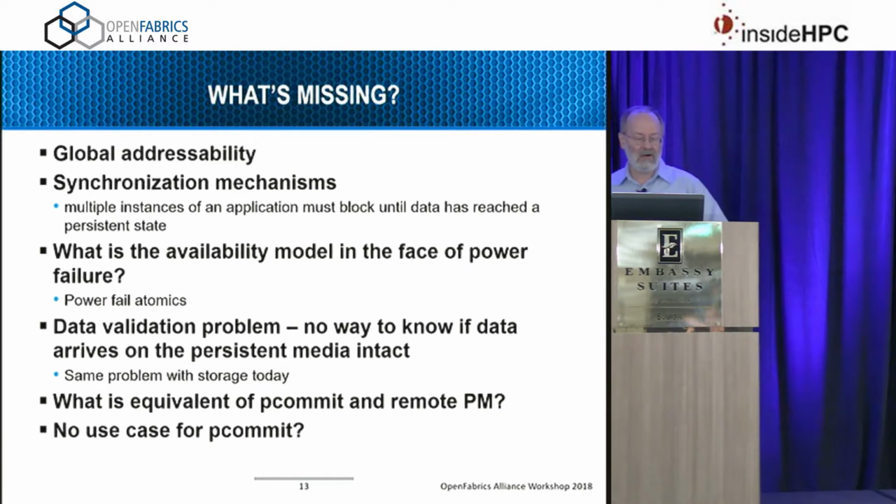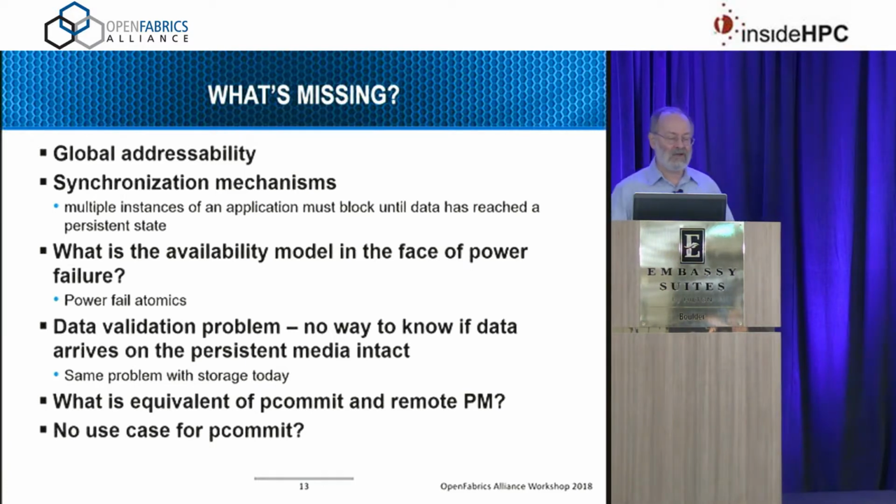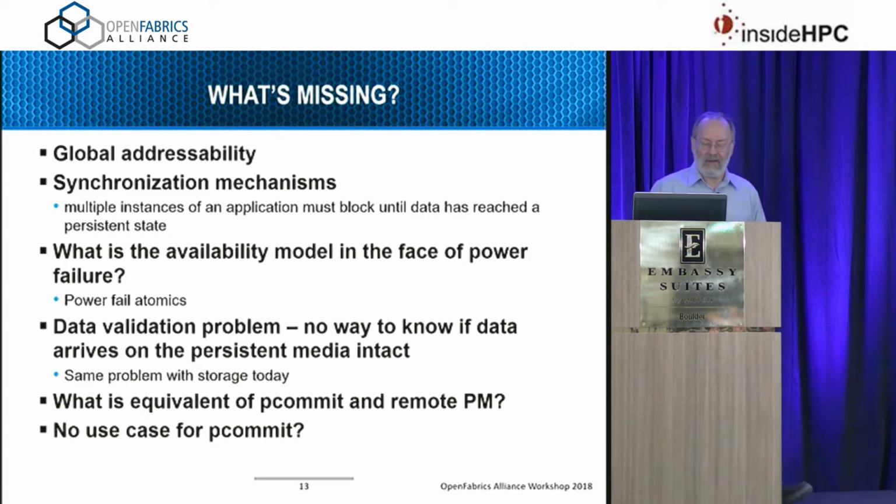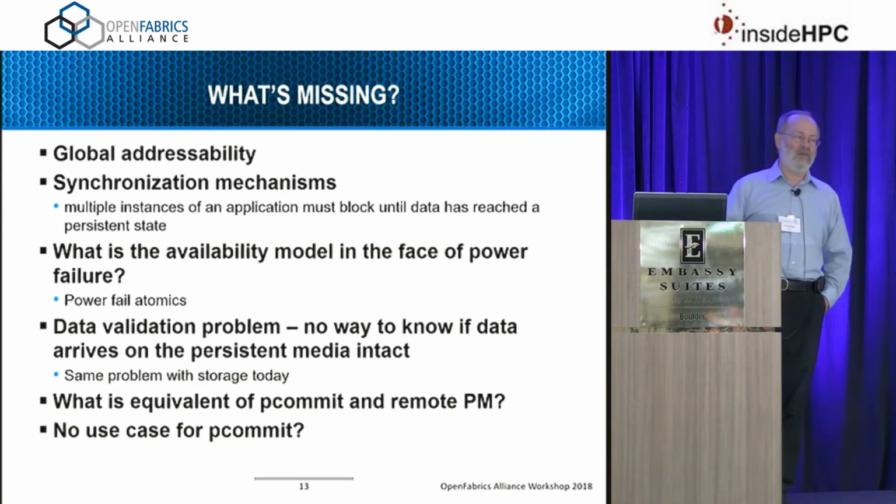So here's where we talked about gaps. We just talked a little bit about addressability. That's one of the gaps. We talked a lot about synchronization mechanisms. This is one of the problems that persistent memory throws at us, and the best solutions depend on the use case. We talked about availability and the problems of power fail atomics.